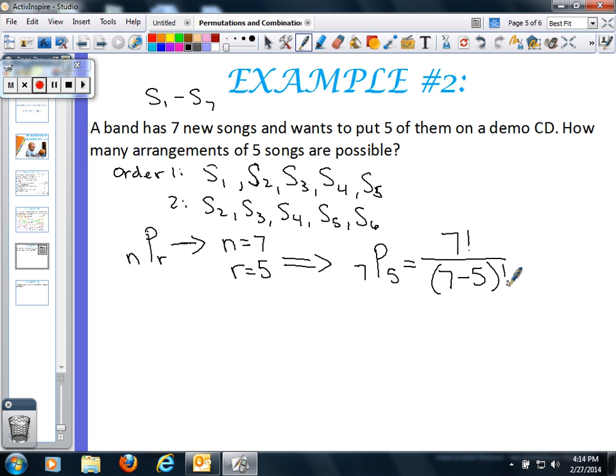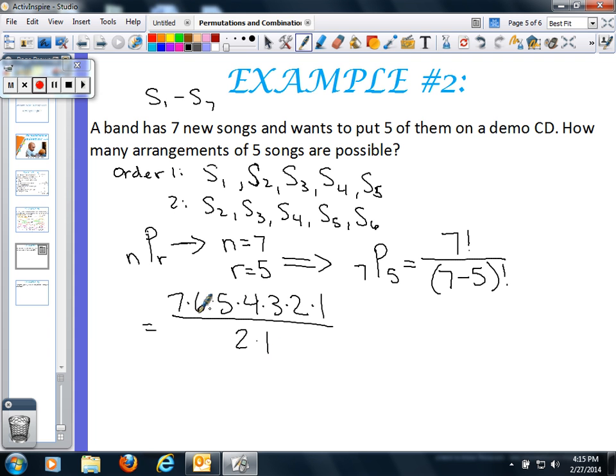Okay? Now I'm going to show you how we can do this using a calculator. Doing it on a calculator is fairly easy, okay? But I'm going to show you how to do this not using a calculator. So 7 factorial, we know, is 7 times 6 times 5 times 4 times 3 times 2 times 1. Okay? And now, the bottom, 7 minus 5, is 2 factorial, so that's 2 times 1.